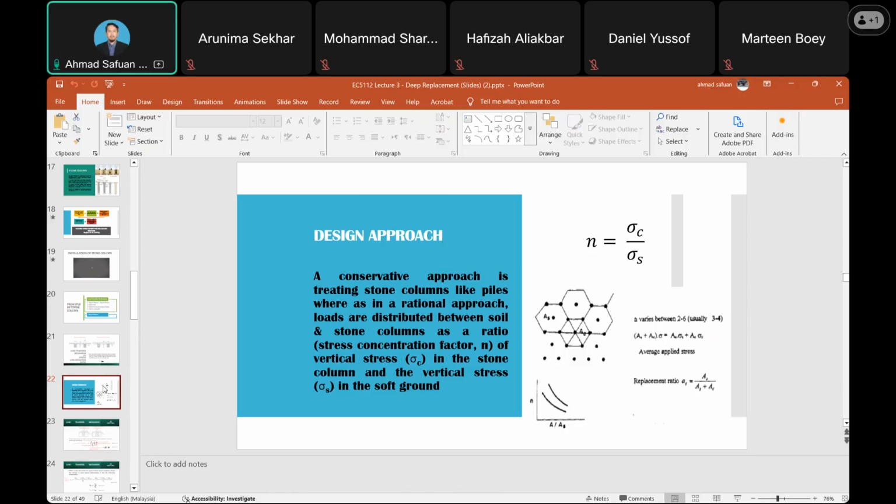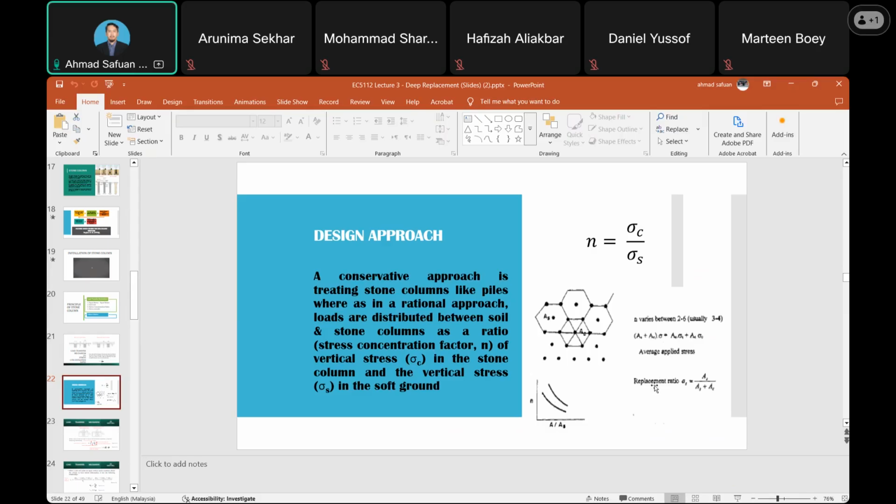The stress concentration factor is the vertical stress in the stone column over the vertical stress in the soft ground, so we have sigma C over sigma S. So that is the stress concentration factor.